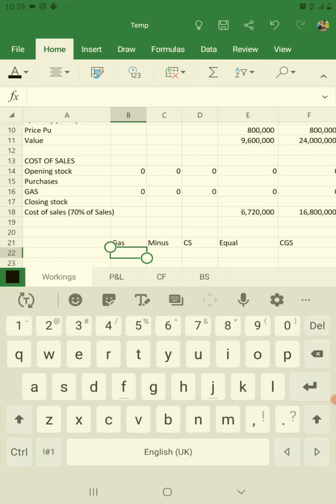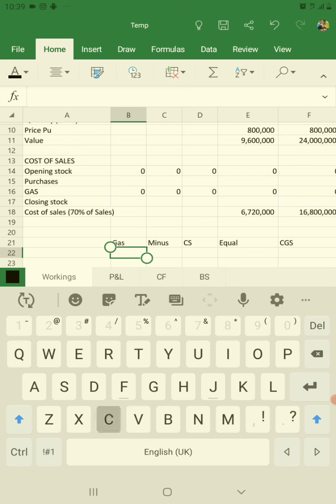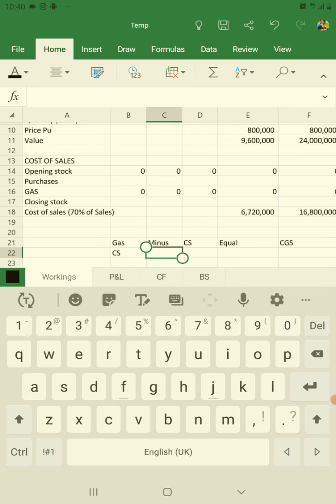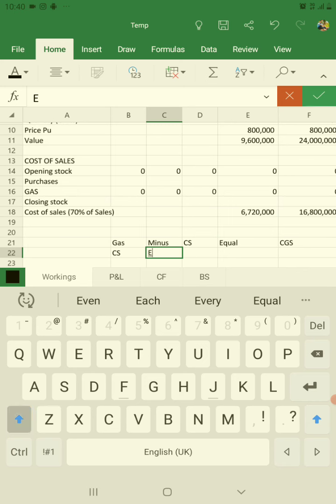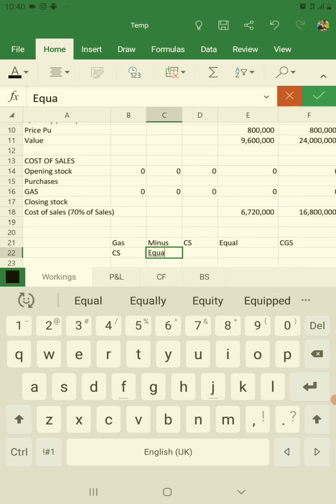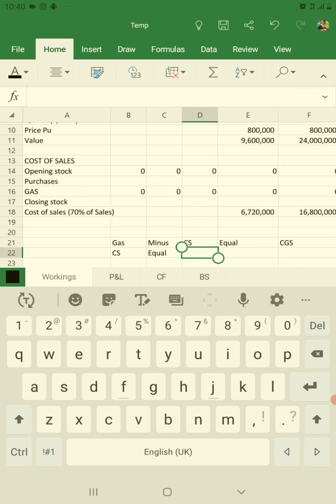Now, if I want to get closing stock, it is just a matter of rearranging this mathematically. If goods available for sales minus closing stock is equal to cost of goods sold, and I start with closing stock in this formula, closing stock will be equal to GAS, because when I move it to the other side of the equation, it has become positive.